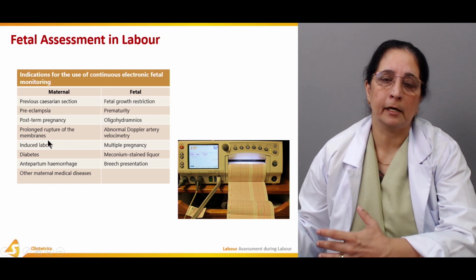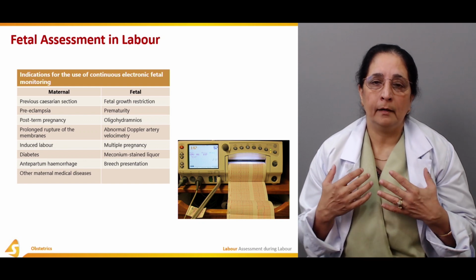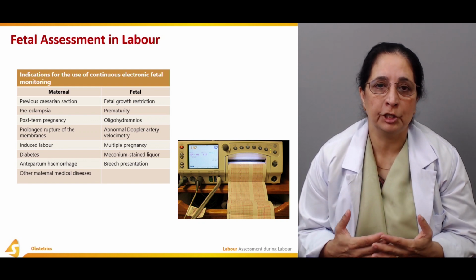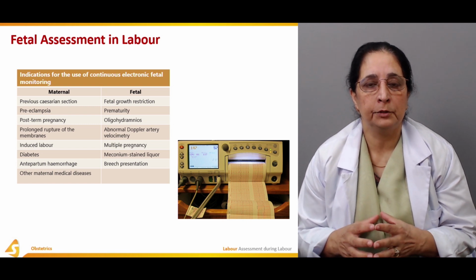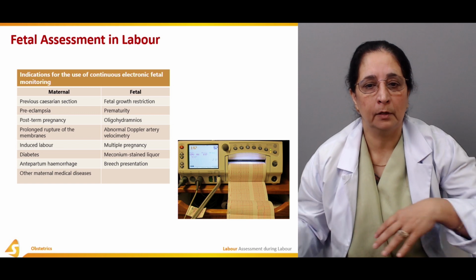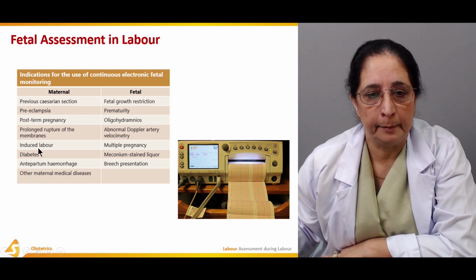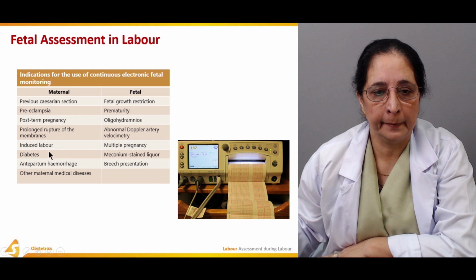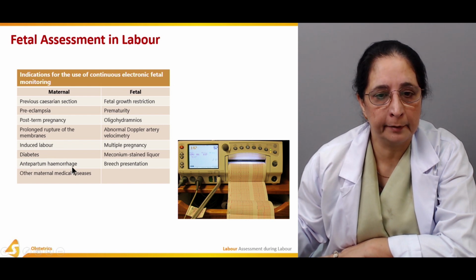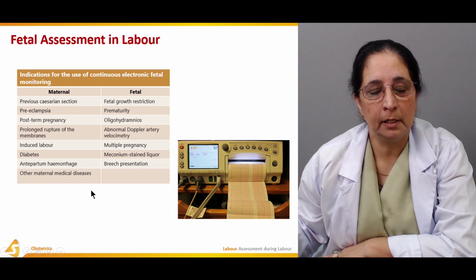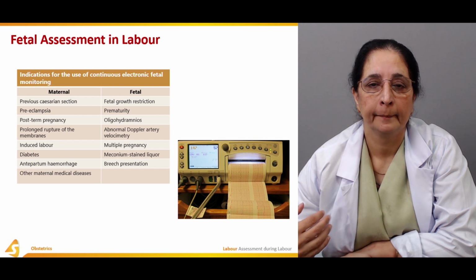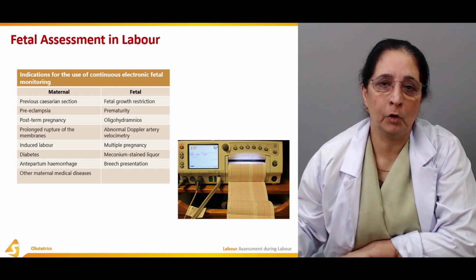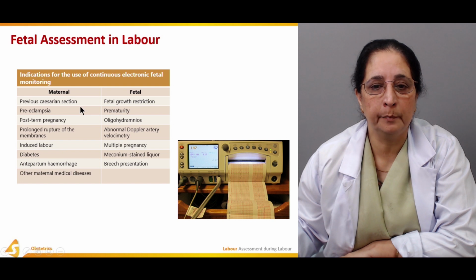If the membranes are ruptured for a long time, complications like infections can occur, and there should be monitoring of the fetal well-being. Then induced labor, diabetes, antepartum hemorrhage, and other maternal medical diseases. So these are some indications in which continuous electronic fetal monitoring should be performed.